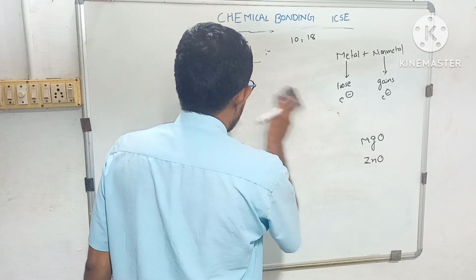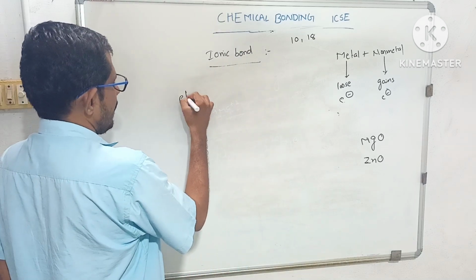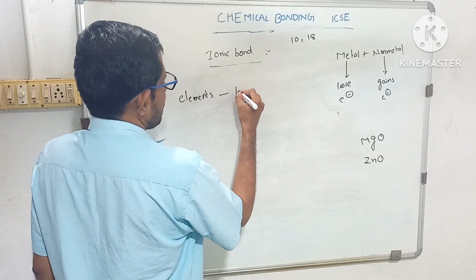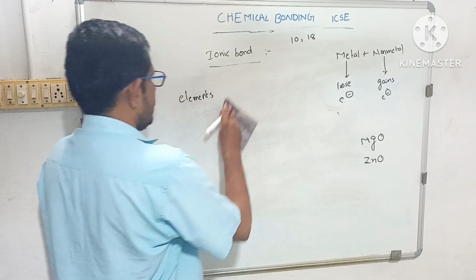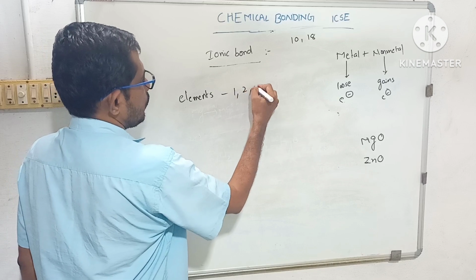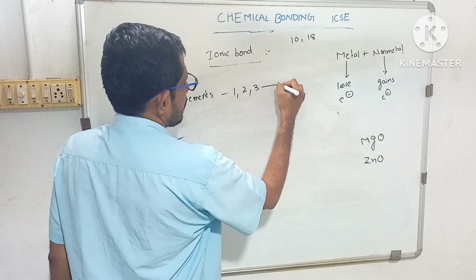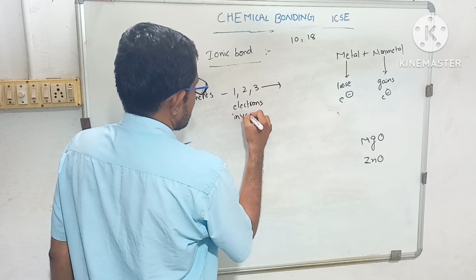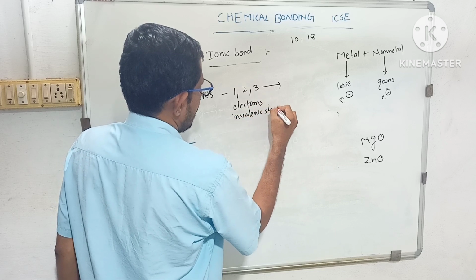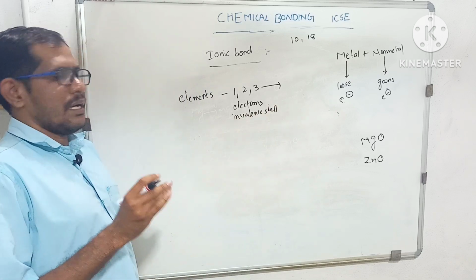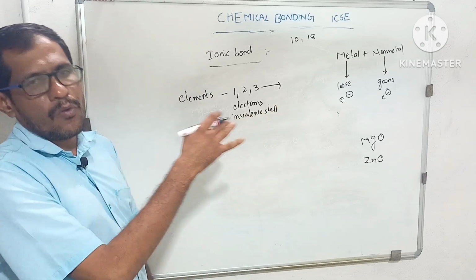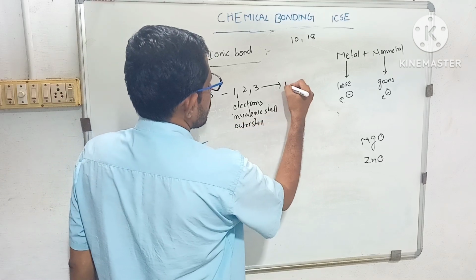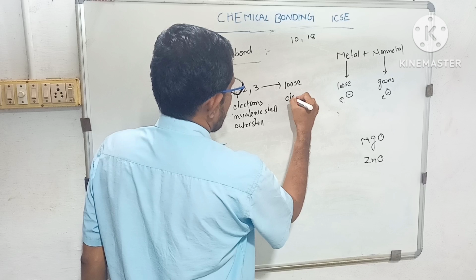And one more way to explain this ionic bond is elements with less number of valence electrons. That means elements with 1, 2, 3 electrons in valence shell, that means outer shell, will generally lose electrons.